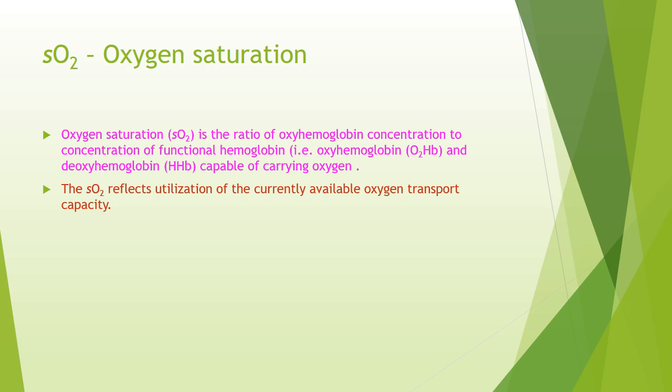The oxygen saturation reflects utilization of the currently available oxygen transport capacity. In arterial blood, we should have 98 to 99% oxygen saturation, and that is transported in erythrocytes bound to hemoglobin.